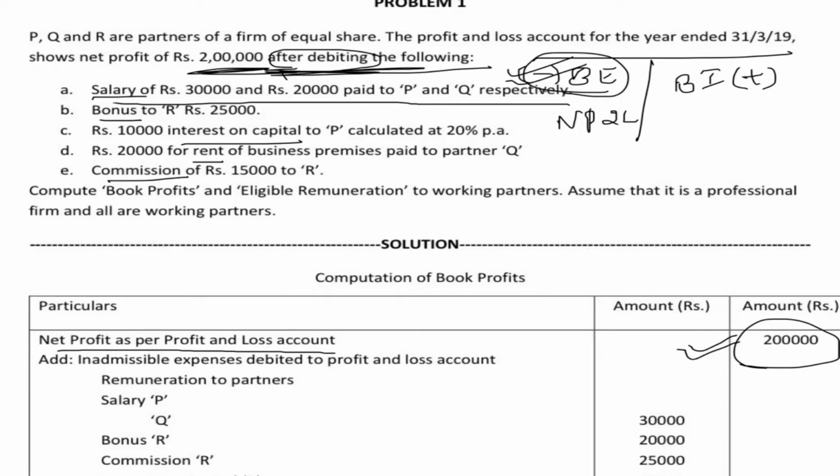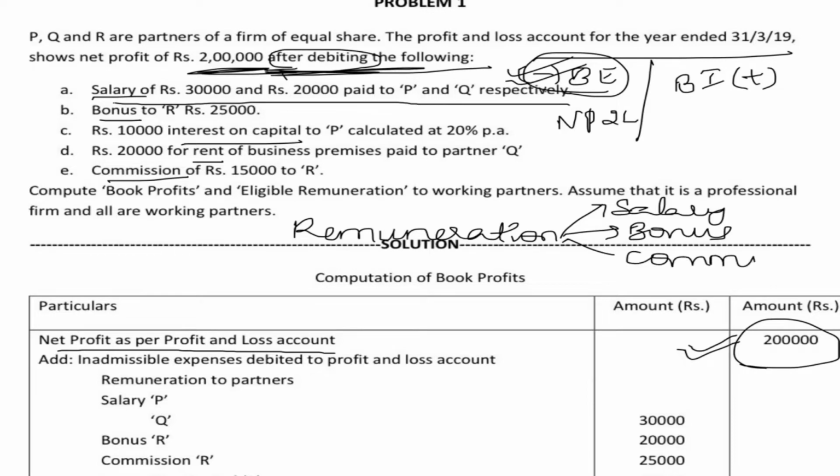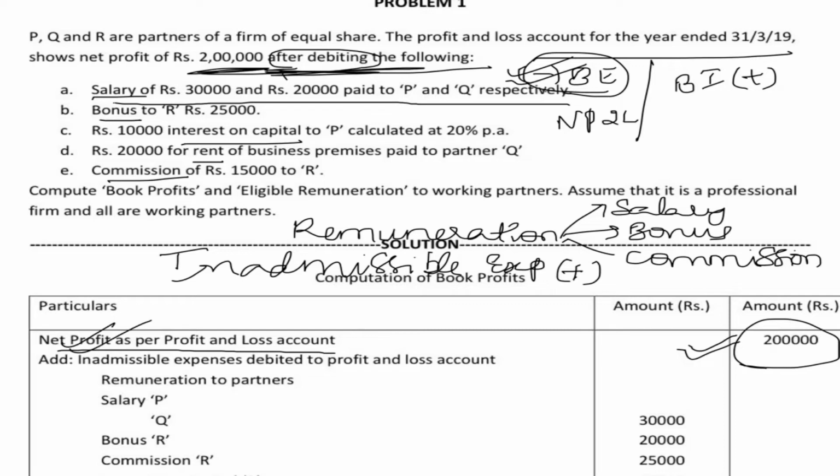As we already discussed in the pro forma, any remuneration paid to partners in the form of salary, bonus or commission will be treated as inadmissible expense to the firm, and it will be added back to the net profit to get proper book profit.